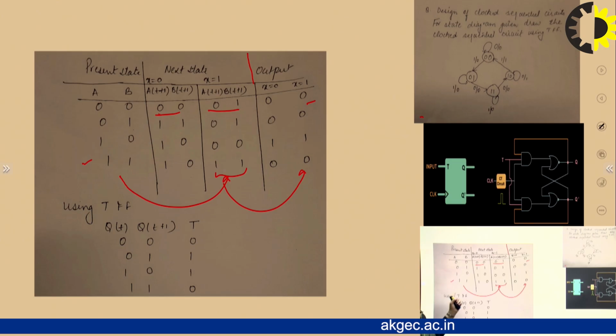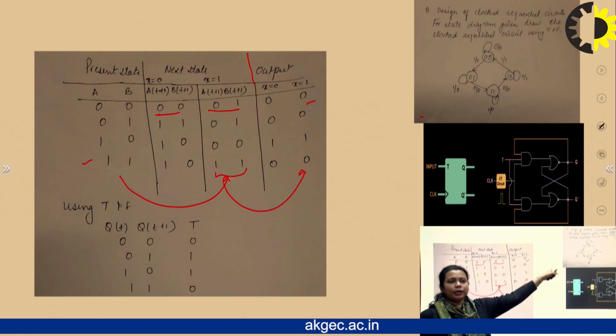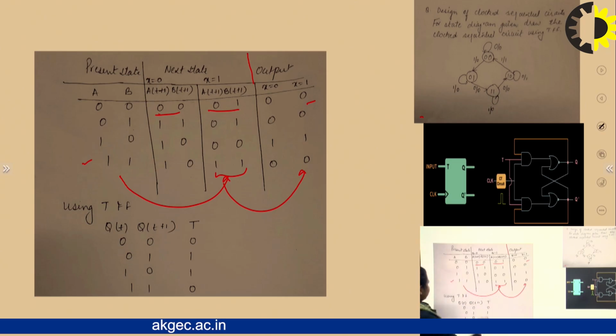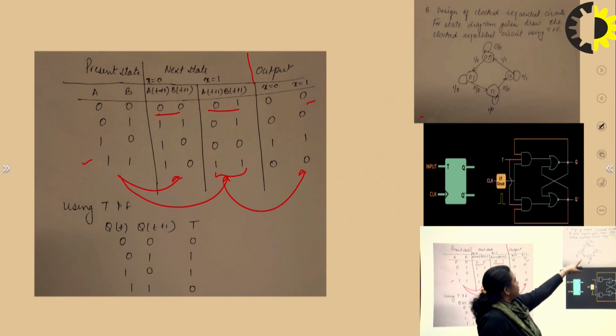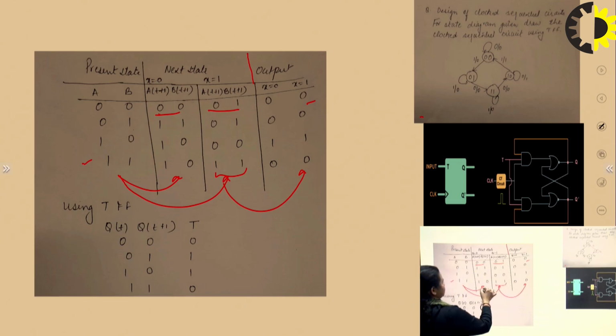Then in the similar way, for 1 1 when input is 0, it is going to 1 0, right? And the output is 0.